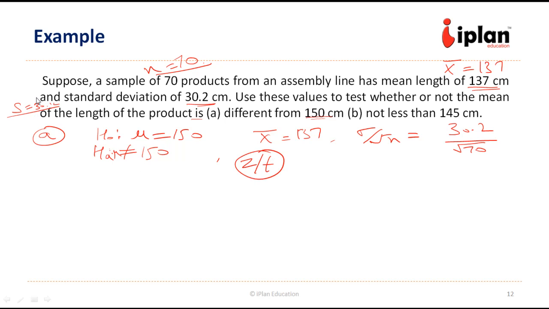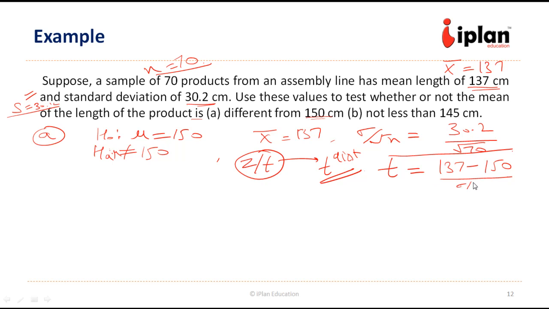Since the sample standard deviation is given and the population standard deviation is unknown, we are going with the T distribution. Let us calculate the T statistic. The formula remains the same: x bar minus mu divided by sigma by root n.